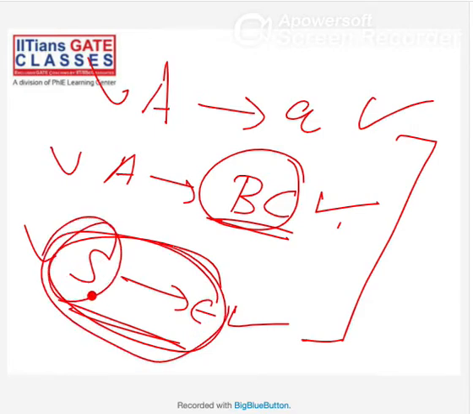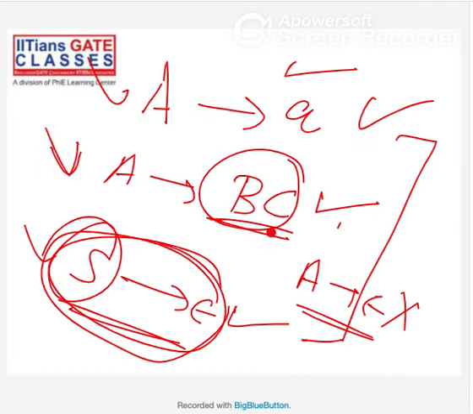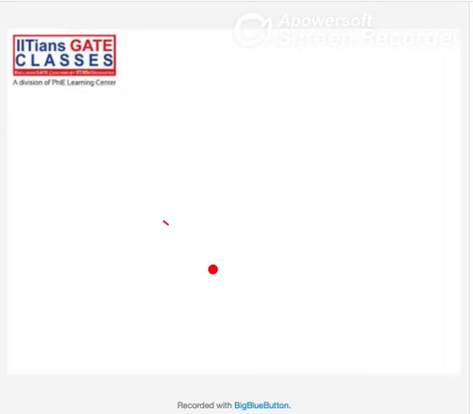For any other symbol you are not allowing it. So a variable goes to a terminal is allowed. A variable goes to two variables is allowed, but those two variables cannot be the starting symbol. For the starting symbol you allow S goes to epsilon. So these are the things that are allowed in Chomsky normal form.